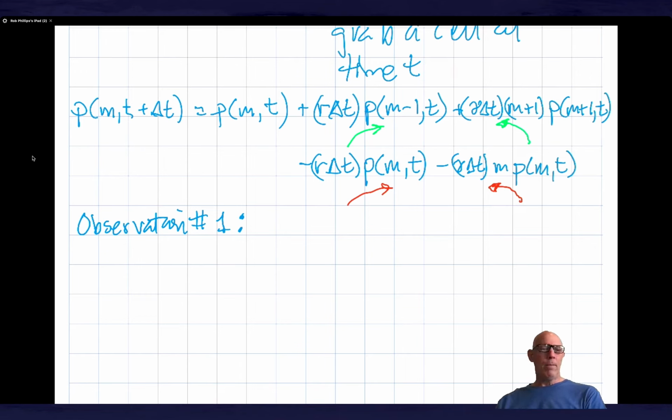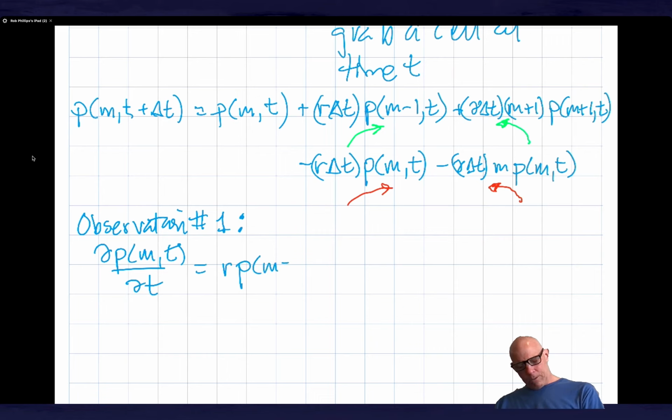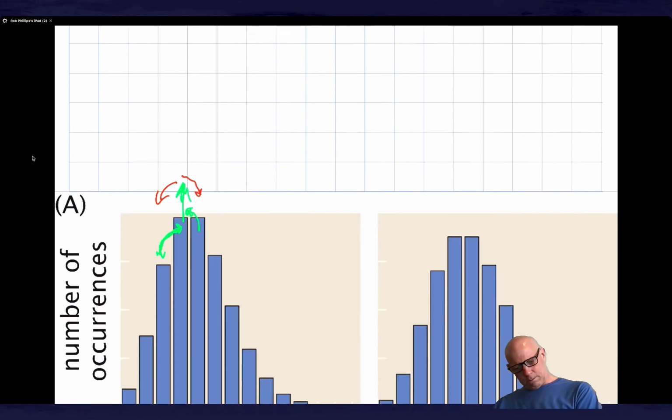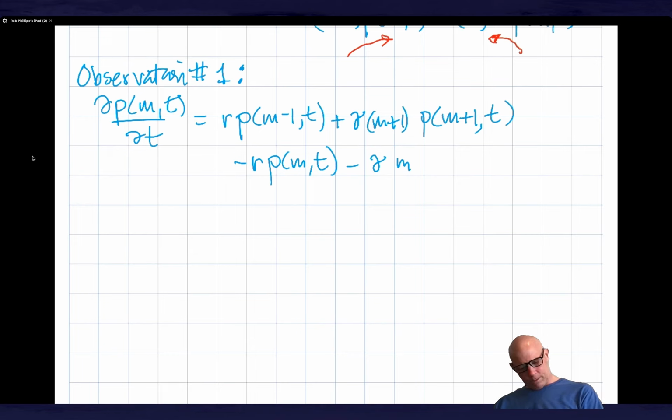If I subtract P of M and T from both sides and divide by delta T, what I will get is dP_M by dt is equal to R P of M minus 1 comma T, plus gamma times M plus 1 times P of M plus 1 and T, minus R P of M and T, and then minus gamma times M times P of M and T.